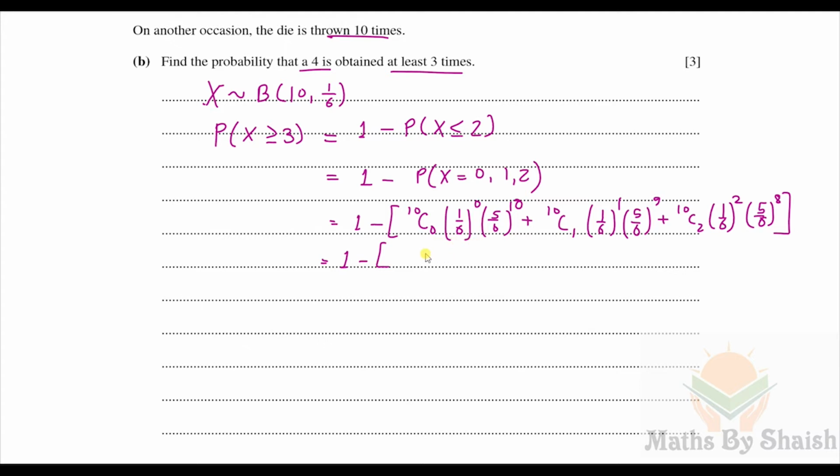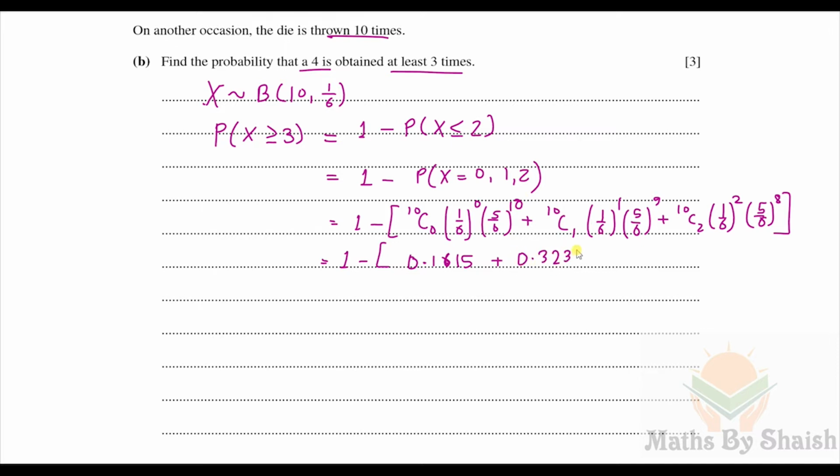The first value, 10C0, is of course 1, so calculating this value, it is 0.1615, to 4 decimal places. Plus this value, to the power 9, and we multiply by 10C1, that is of course 10. So the answer is 0.3230.